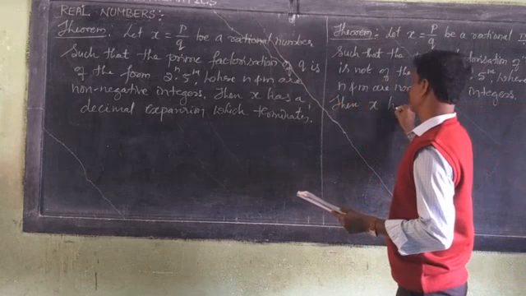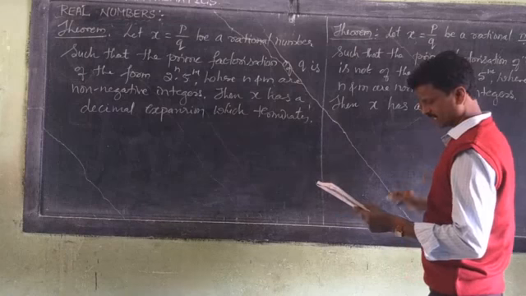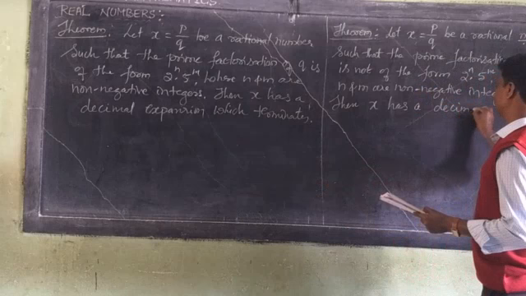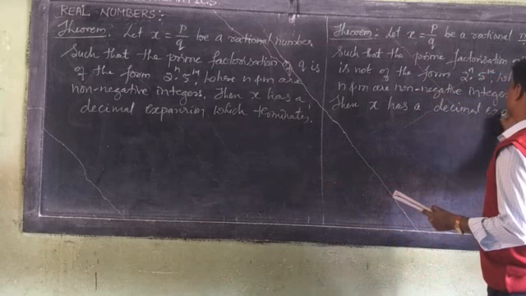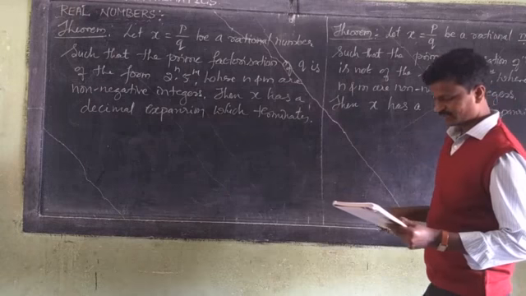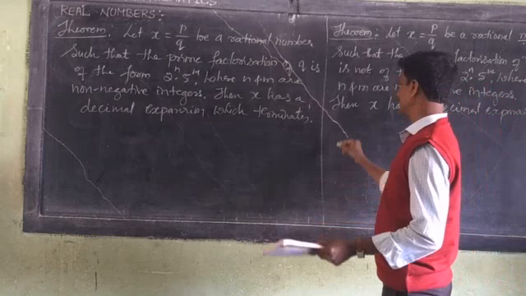then x has a decimal expansion which is non-terminating recurring.